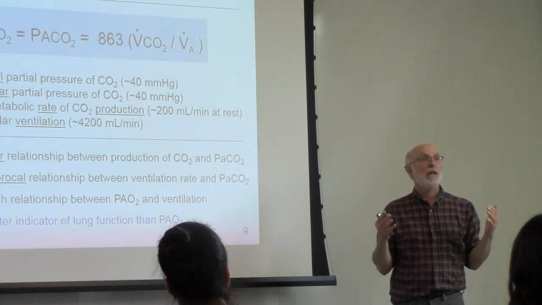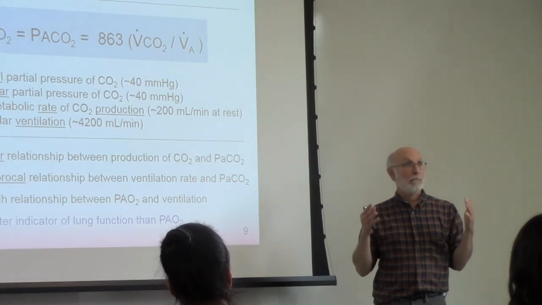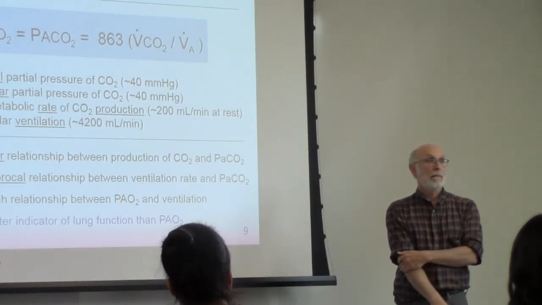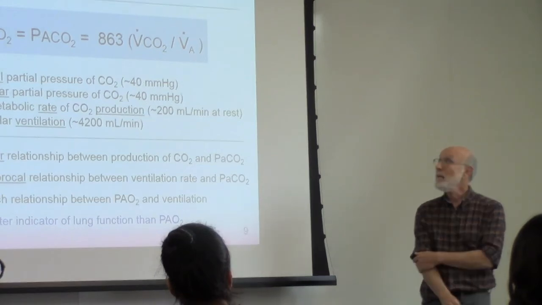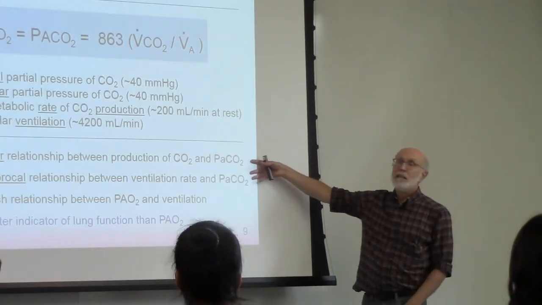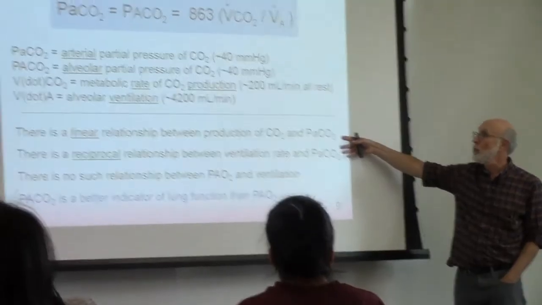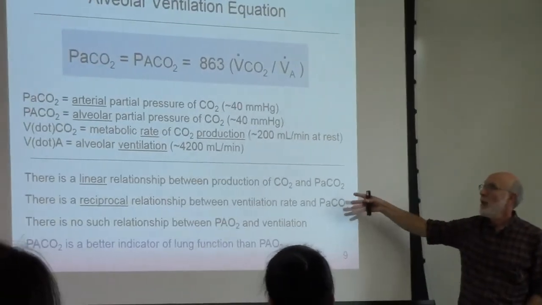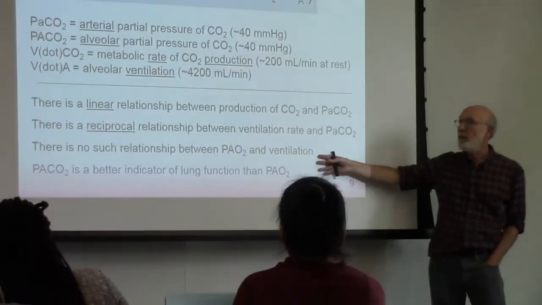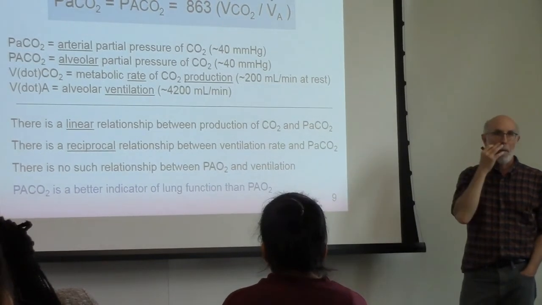Or at the end of an exercise, oh, CO2 is actually going down, I need to ventilate less. Okay? So there's this linear relationship between carbon dioxide and ventilation. There isn't a linear relationship between partial pressure of oxygen and ventilation, so we don't see the same equation for oxygen.